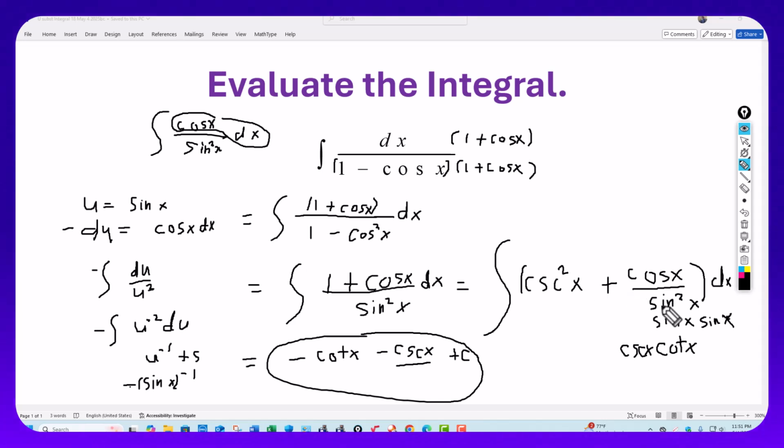The first way, again, I broke up the sine, and cosine over sine was cotangent, and 1 over sine was cosecant. And we got the integral to be minus cosecant of x, which is the same thing we got using the u substitution. So either way, the answer is negative cotangent of x minus cosecant of x plus the constant of integration.